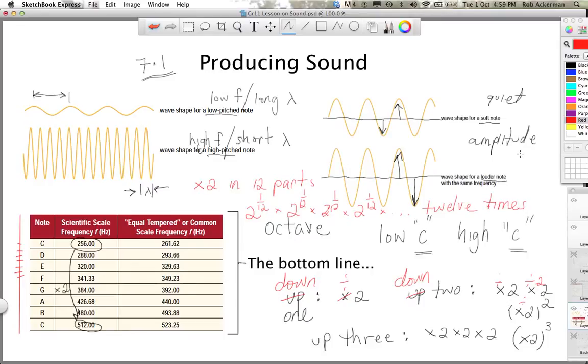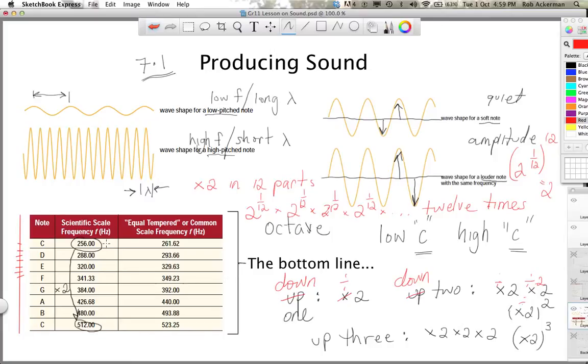Well, everyone knows that if you do 2 to the 1/12th, and you do that 12 times, that is equal to 2. You've doubled. In other words, you've gone from, let's say, 256 hertz to 512 hertz. And that would get you up an octave.